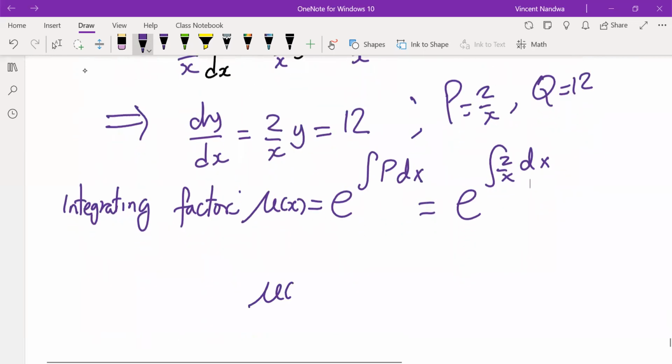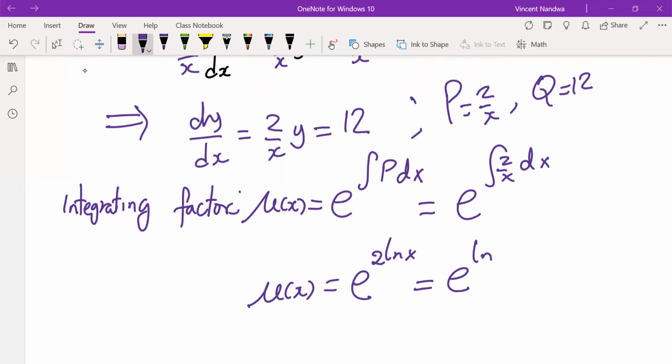So mu of x will be e raised power 2 ln of x. Now, when you are getting the integrating factor, though it is an indefinite integral, we don't care about the constant of integration. What matters is the function itself. So this can be written as e raised power ln of x squared, which is just x squared. Let's call this standard equation 1.